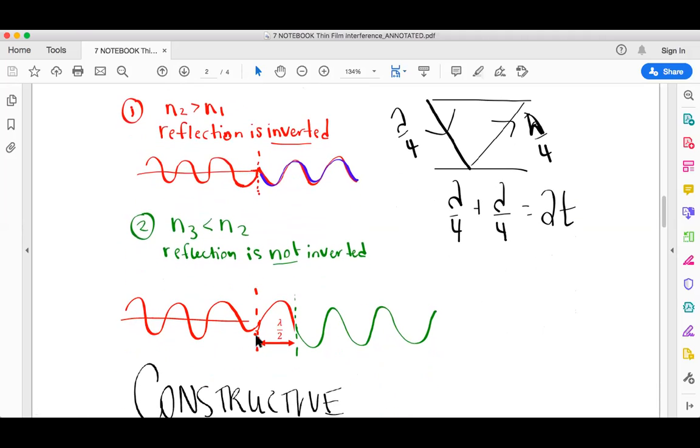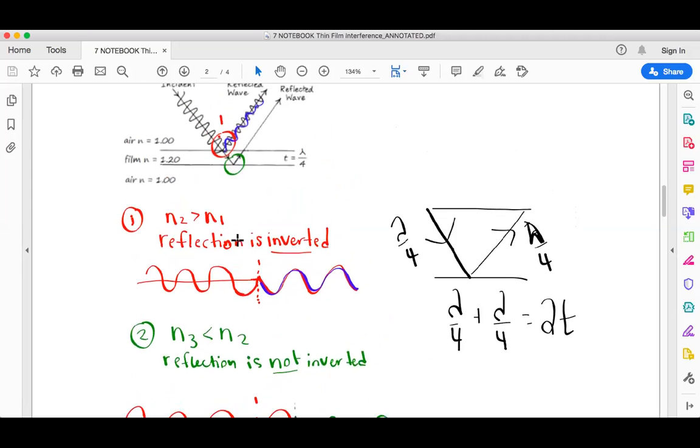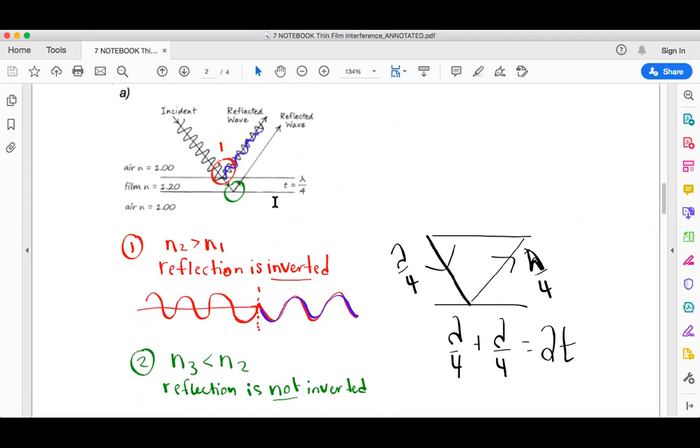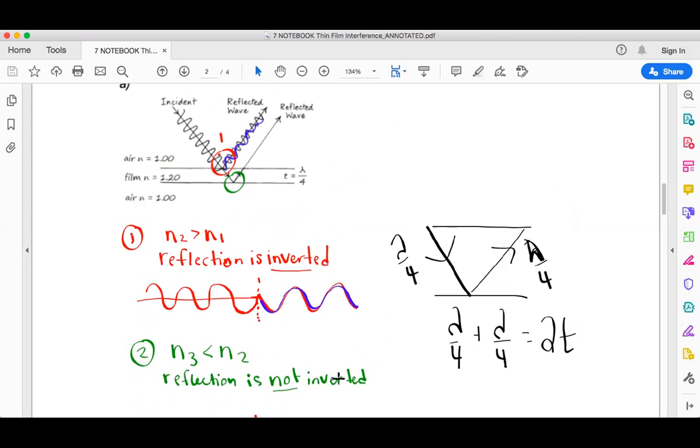And then the first dotted line represents going from air to film, and there's no inversion there because it's just transmission and there's never inversion. And then we're going to travel 2t more, and n3 is not bigger than n2. So air is a faster medium, and there's not going to be inversion.